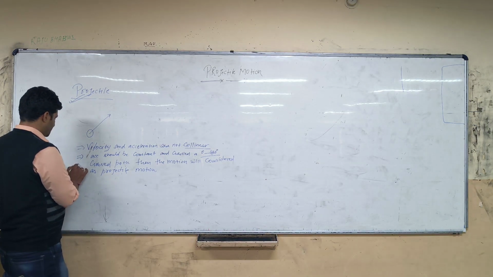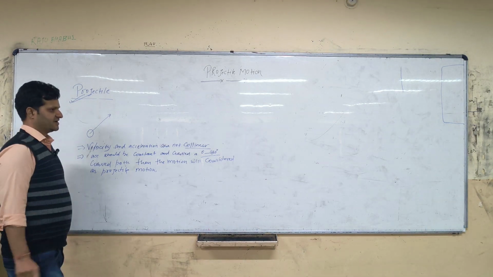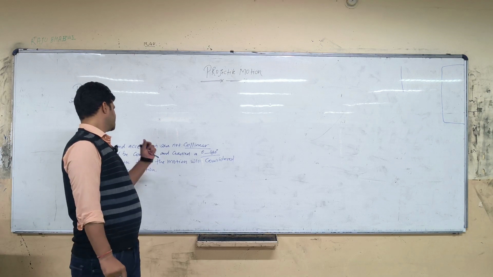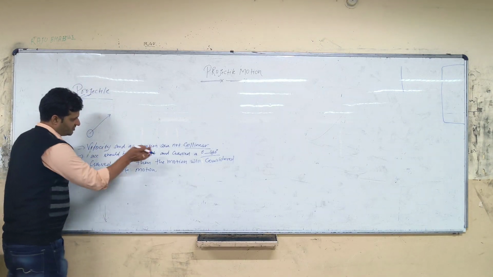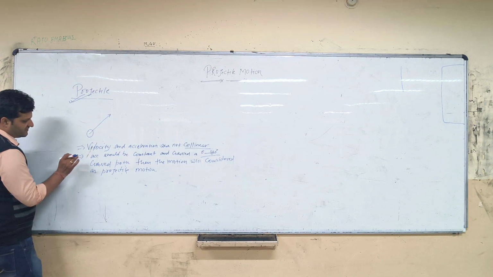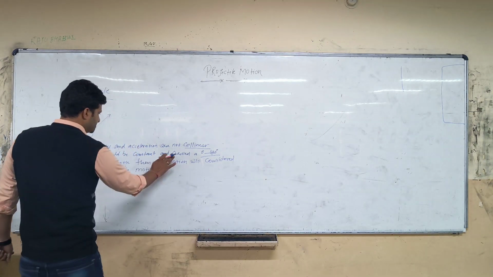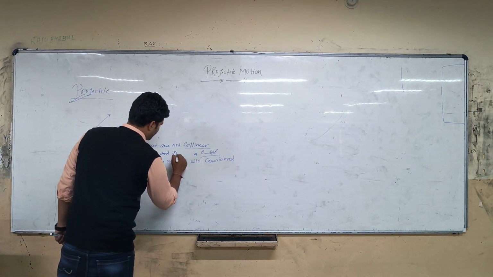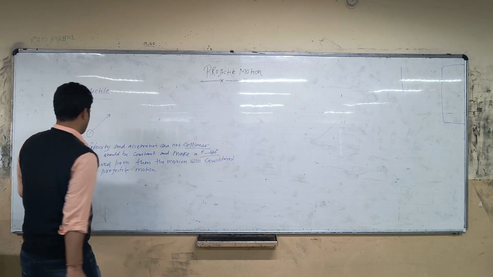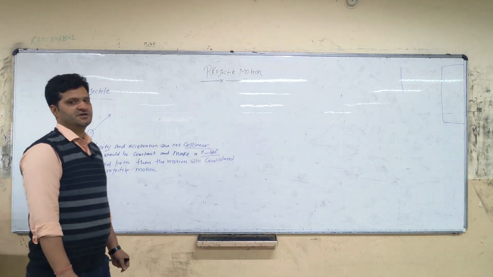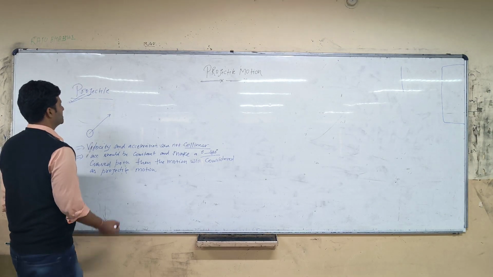Now you can think about this one. Acceleration should be constant and it should form a curved path. Then the motion will be considered as projectile motion.